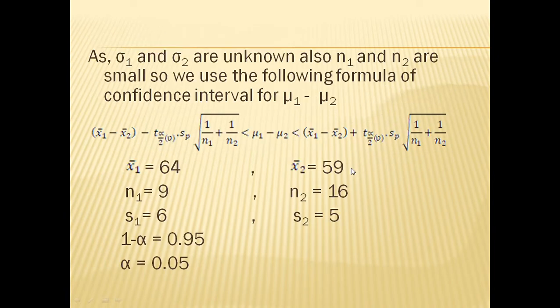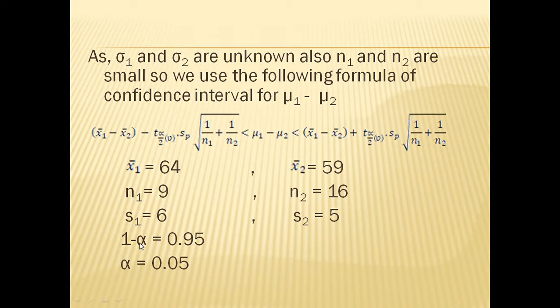So we will use the formula x bar 1 minus x bar 2 minus t alpha by 2 nu into SP, the pooled standard deviation, under root 1 divided by n1 plus 1 divided by n2, and then the second limit. Again we have written the given information.